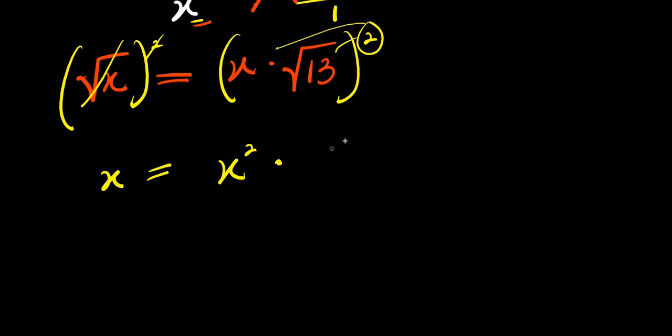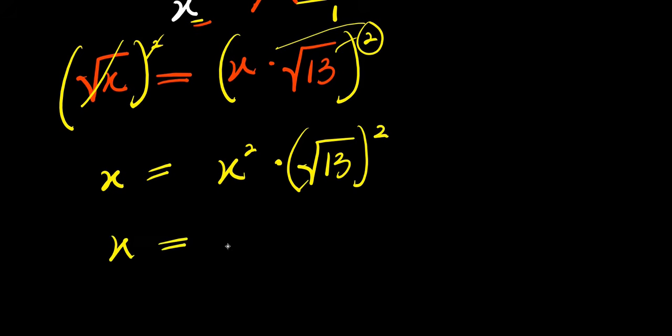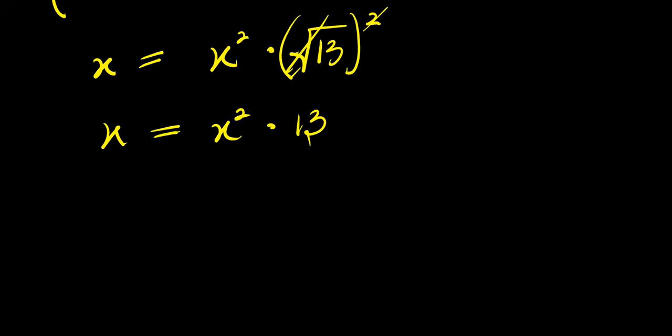I have x squared times the square root of 13 to the power of 2. So from here I have x equals x squared times this, cancel this, I have 13. So right now we have x equals x squared times 13.